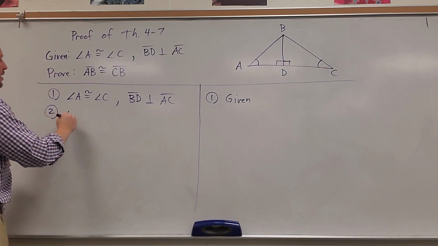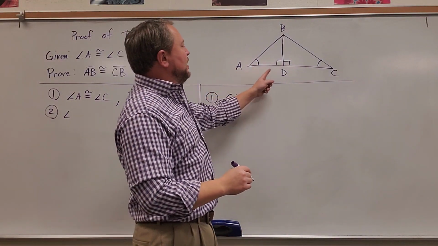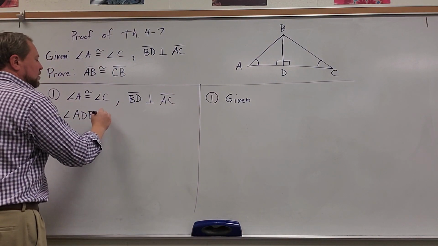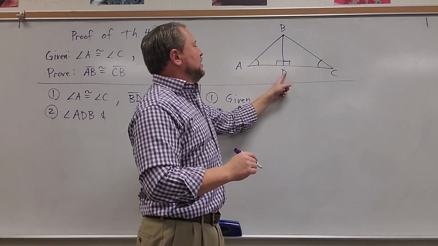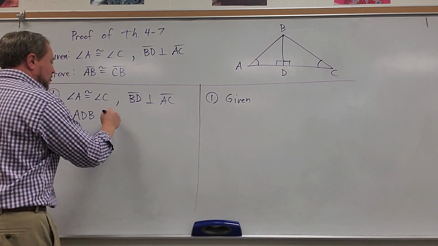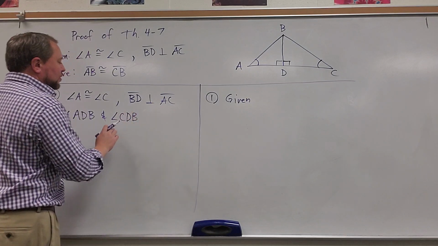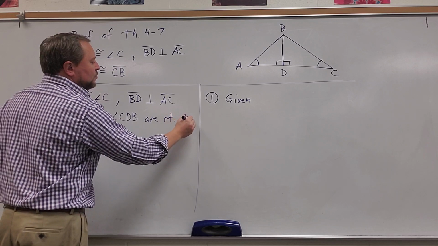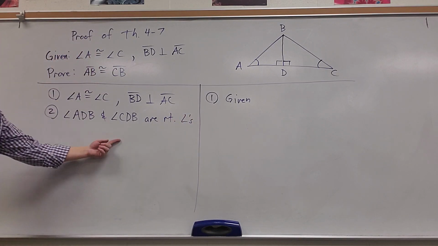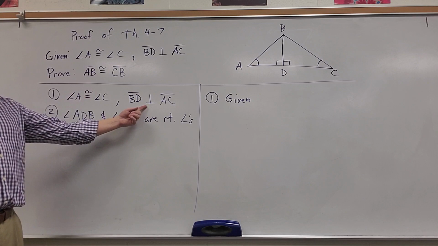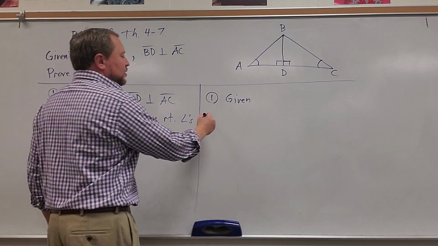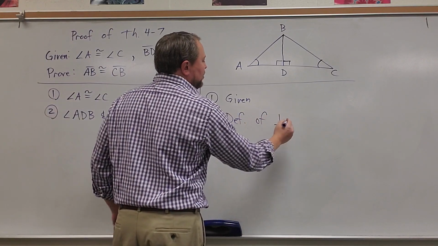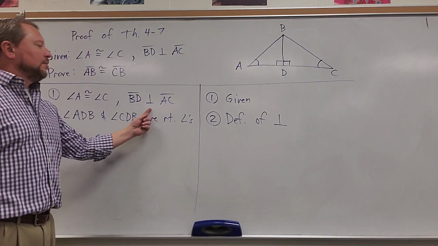So we're going to state that those angles, angles ADB and CDB, that right angle, I'm going to say that those two at D are right angles. I knew they were right angles because of our given statement that they're perpendicular. So my reason is going to be I'm simply using the definition of what it means to be perpendicular.